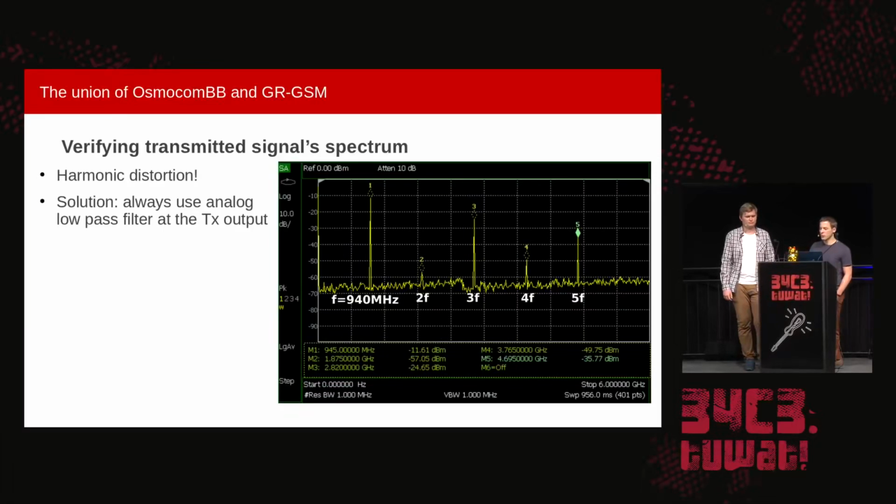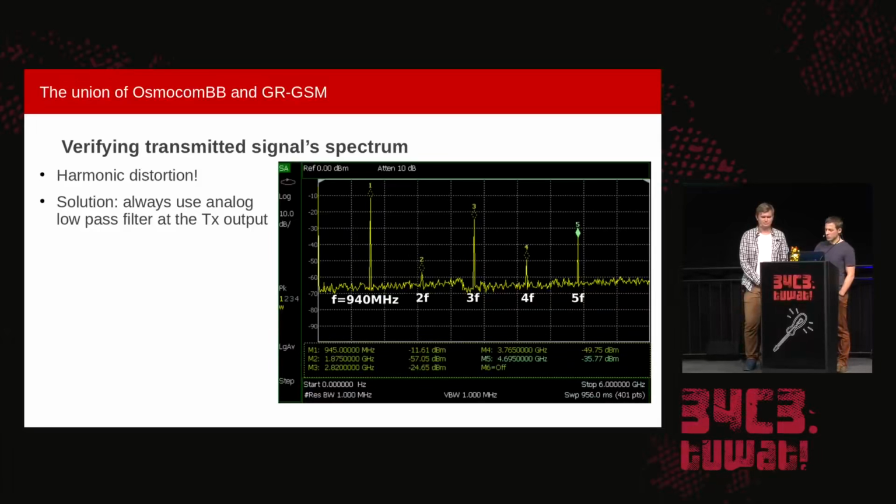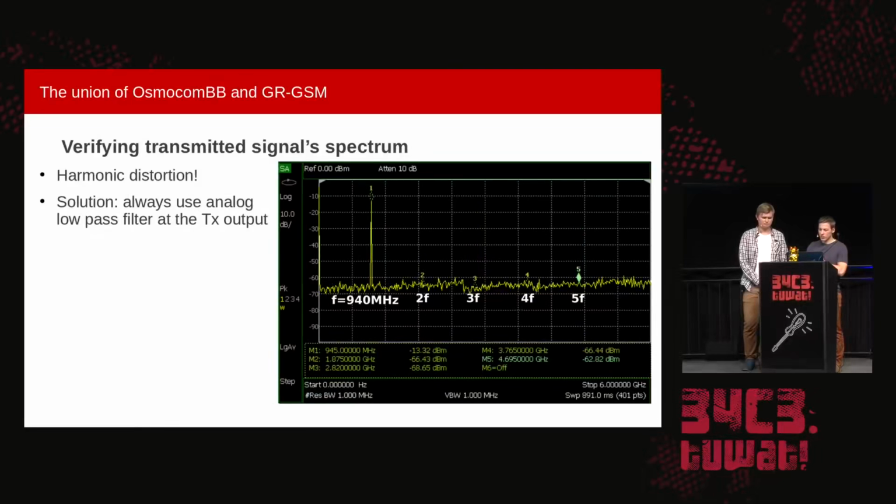For example, here for USRP B210, there is a signal with amplitude of minus 13 dB from the main signal on the third harmonic. So you should always put an analog low-pass filter, especially if you are using a wideband antenna. After applying the filter, you get something like this.